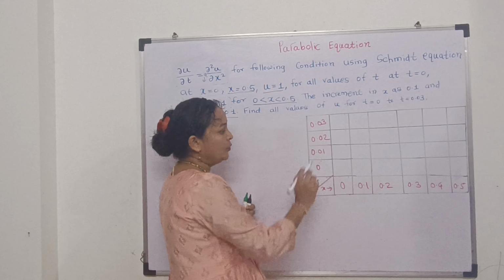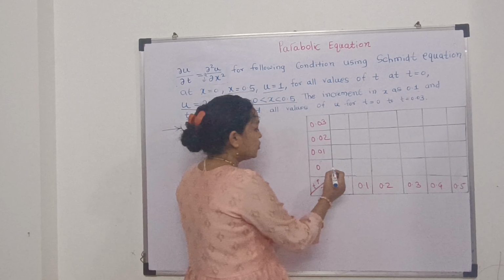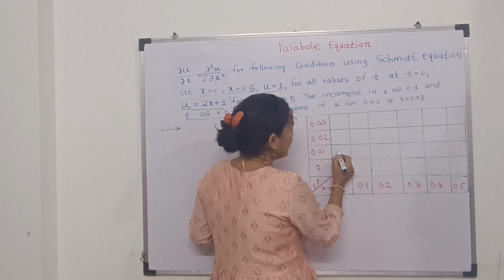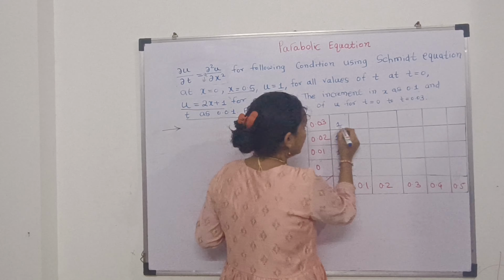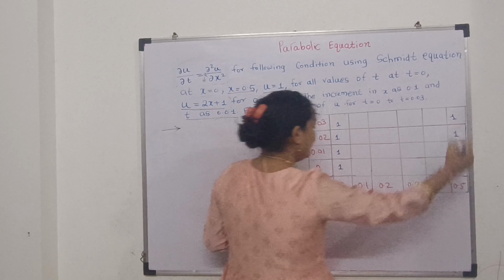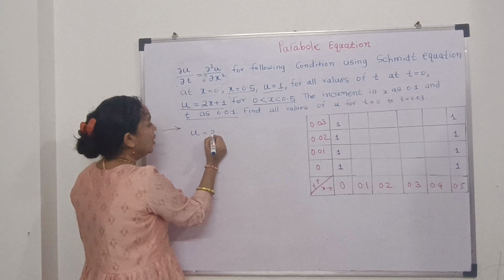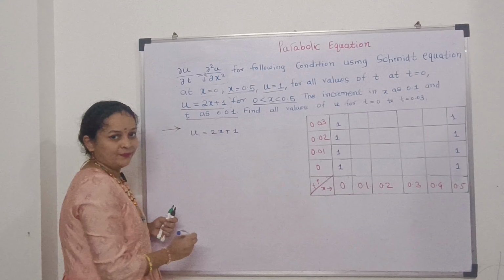Now we are supposed to calculate all these values through the Schmidt equations. In the Schmidt equation, firstly you consider all the initial values.